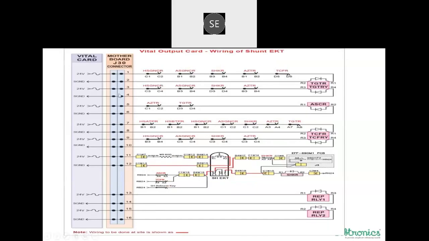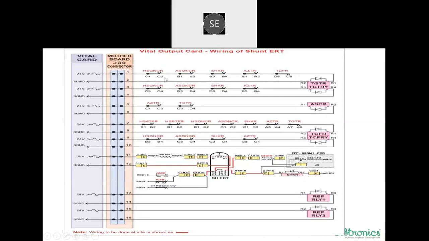Again, for additional safety or second level safety, the output of all vital cards is again wired through the interface relays. As you can see here, to pick up a TGTR relay, the output of the vital card is wired through GNCR relays: home signal GNCR, advanced order GNCR, shunting relay, AZTR, and TCFR. This is for single line.